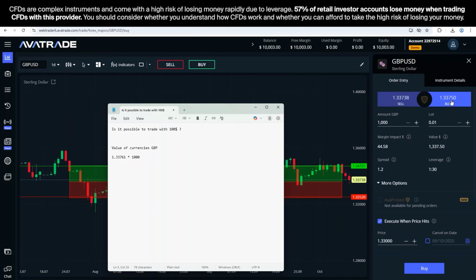This is how many dollars we need for £1. So this is 1.33750. Let's just keep it like this.